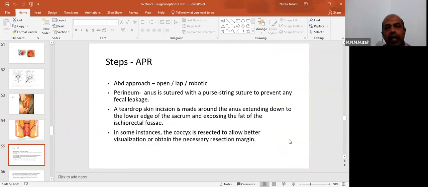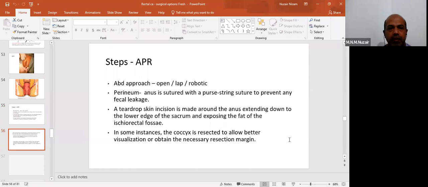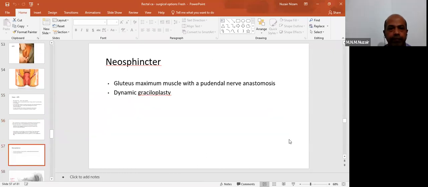Even APR can be done, the abdominal approach can be done by open, laparoscopic or robotic method, and then the perineal approach as the traditional method. And even some people are trying to make a neo-sphincter because some patients don't like colostomy.